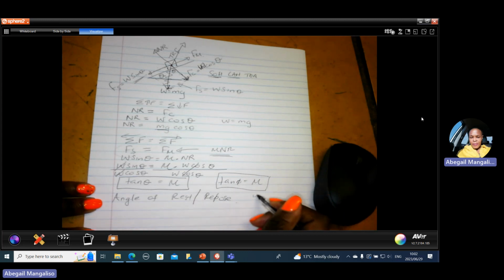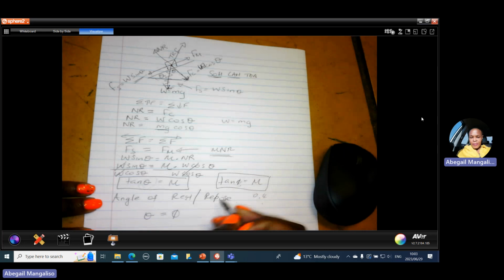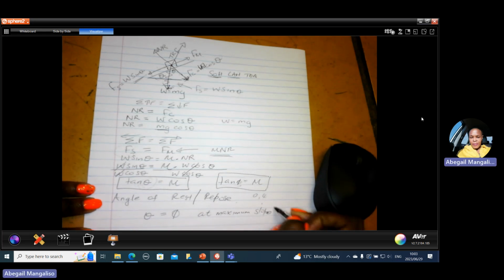If you are given the coefficient as 0.4, it means the angle of friction will be equal to the angle of rest, because this is the same. So this angle theta and angle phi are equal only if the slope is maximum, or we can say at maximum friction. So if a question mentions that the slope is maximum or the friction is maximum, the angle of friction will be equal to the angle of rest.